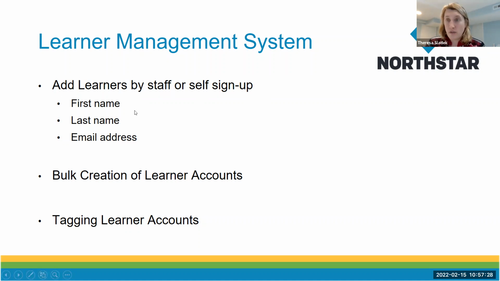The only information you need to add someone to the Northstar Learner Management System is their first name, last name, and email address. Of course, if they have low digital literacy skills, they may not have an email address or know how to use email, and that's okay. You can create an email address for them. It doesn't have to be something they ever access. The email address is just a unique identifier for that learner, and something they would enter to get into the system, but they don't have to actually access email.